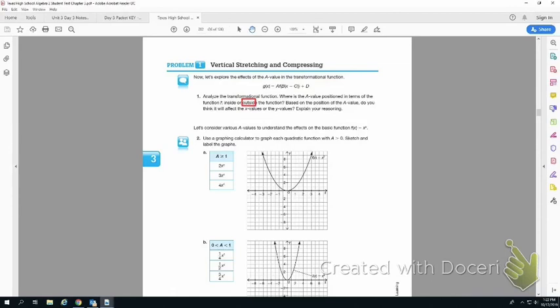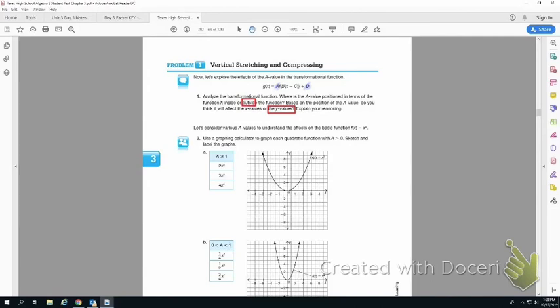Kind of think back, whenever we talked about transformations early in the year, I referenced the Stranger Things, where everything inside affected either the x or the y, and outside affected the other. Be the y. Okay, so to go over that again, your a value and your d value, everything outside the parentheses, that is going to affect your y values.